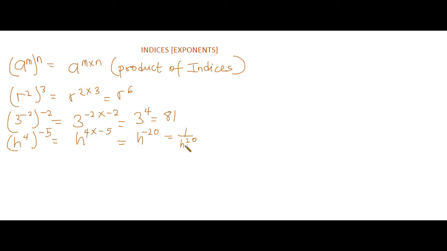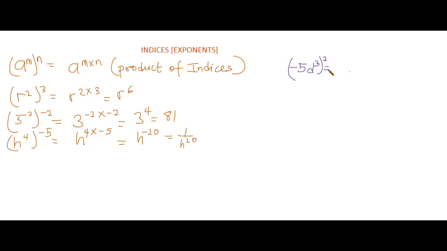So further examples on product of indices, let's take for instance whereby we have minus 5 d raised to power of 3 all into bracket 2.